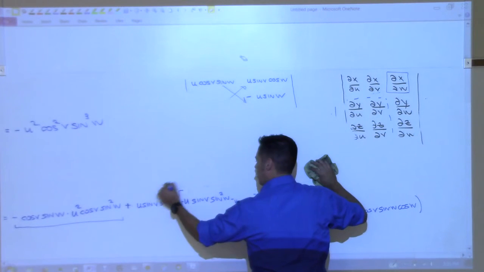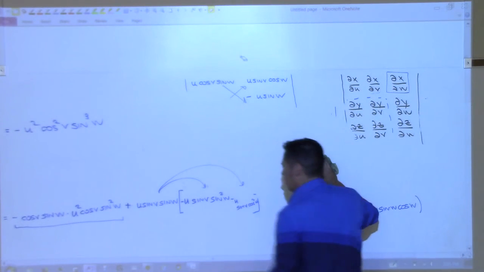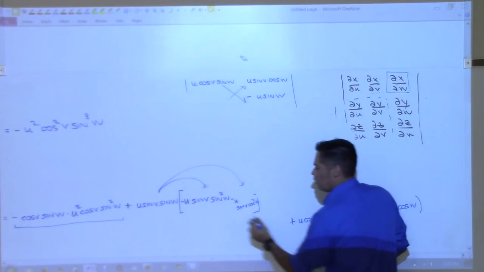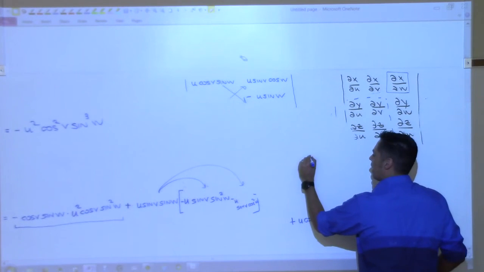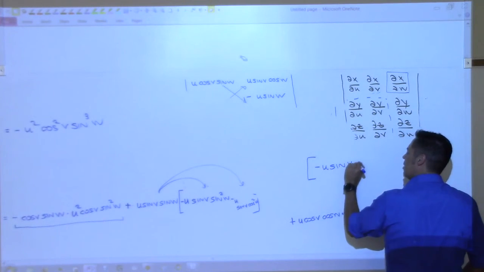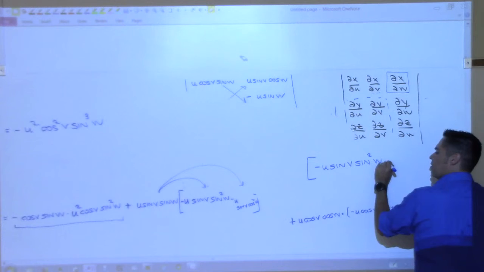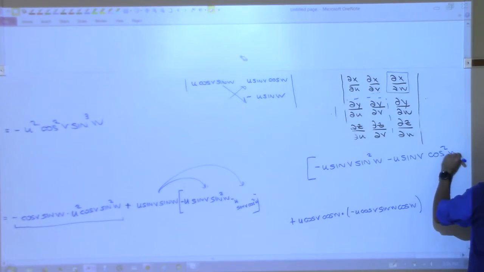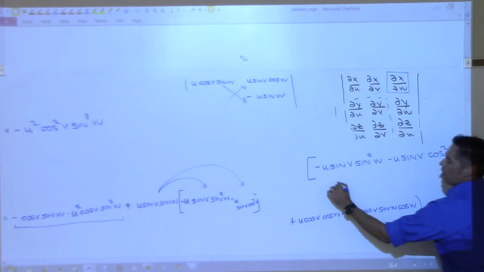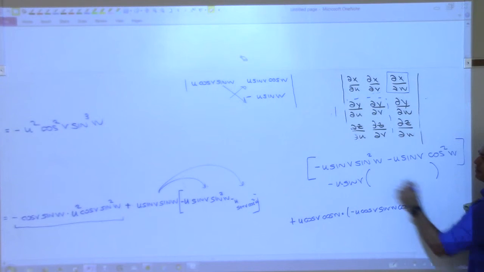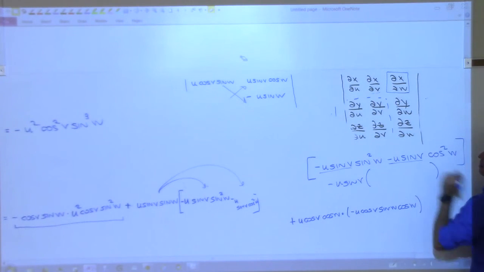Let's go ahead and distribute this here and then here. Do I want to do that? No, check this out. Look right here. In the brackets, I have u sine v sine squared w minus u sine v cosine squared w. Do you see that in here? I can pull out the negative sine v. And what would I be left with if I pulled this and this out?